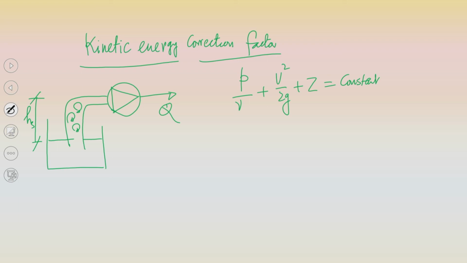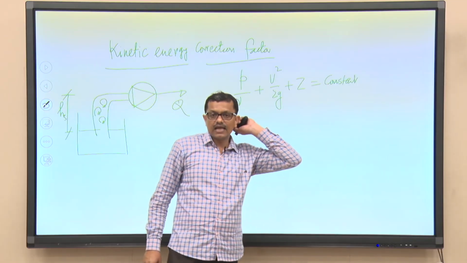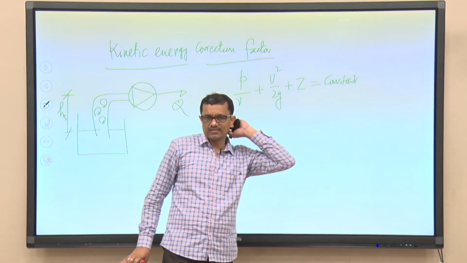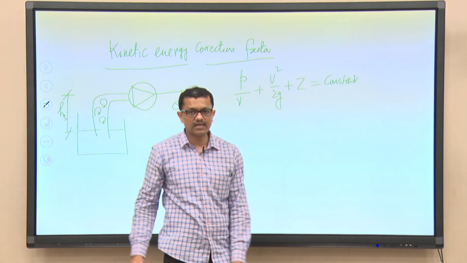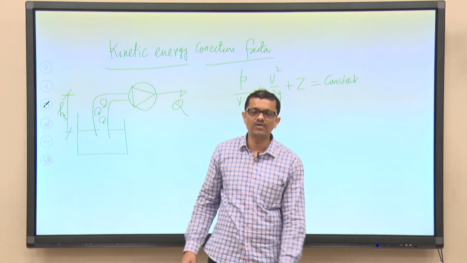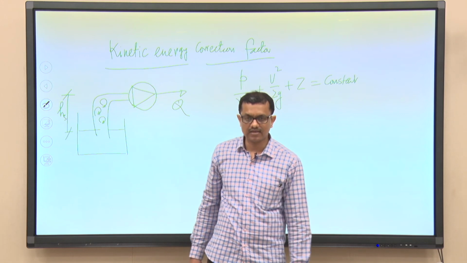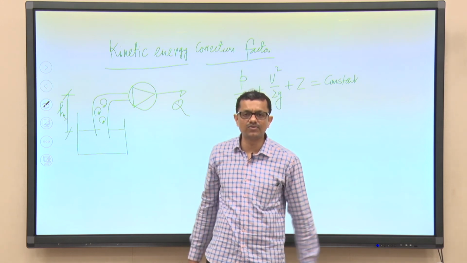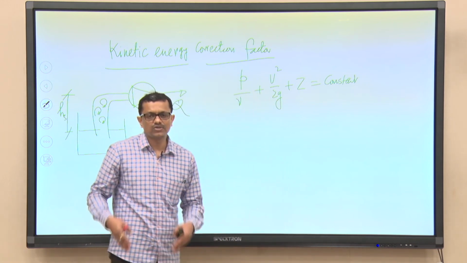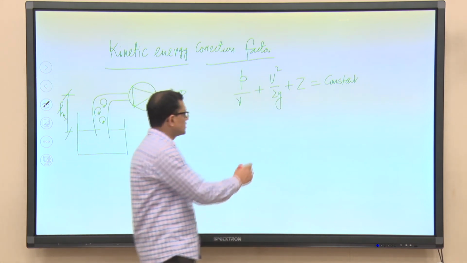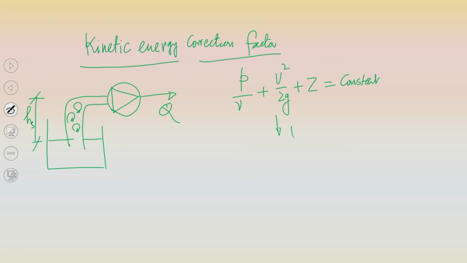Now, this equation can be applied at any section, provided the velocity of the fluid is uniform in that particular cross section, but this is hardly or seldom true, in almost all practical applications.